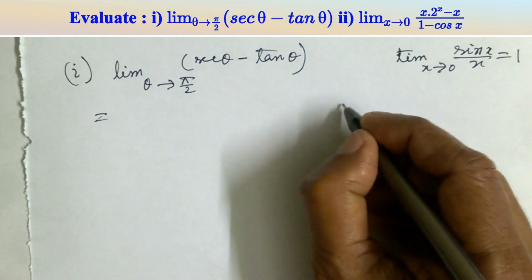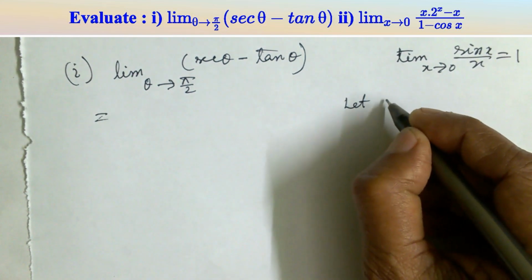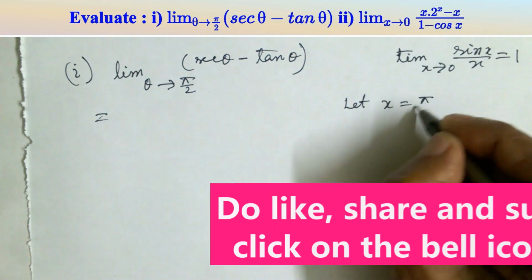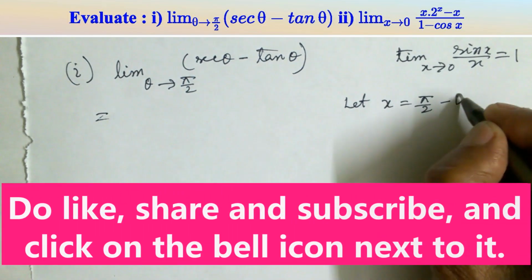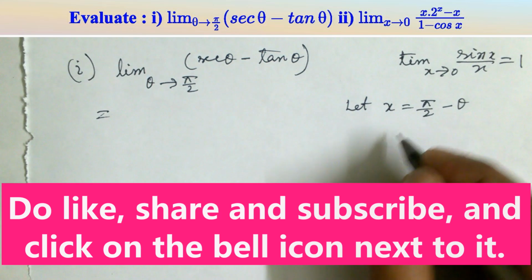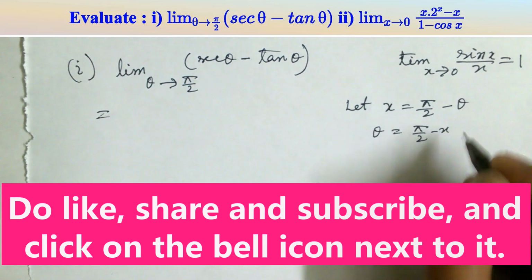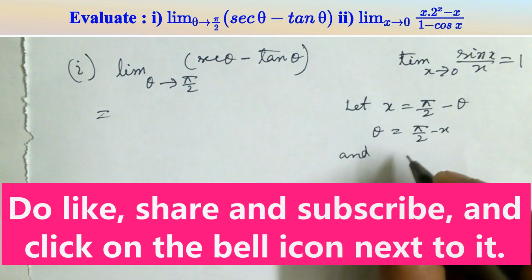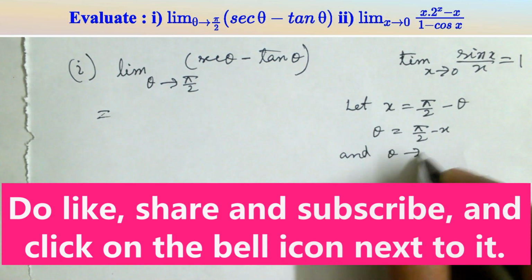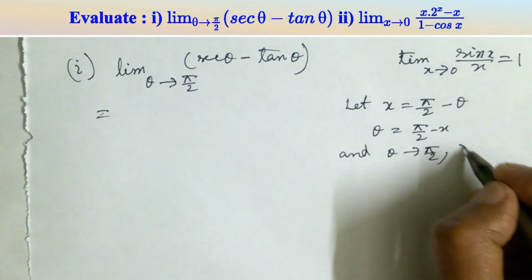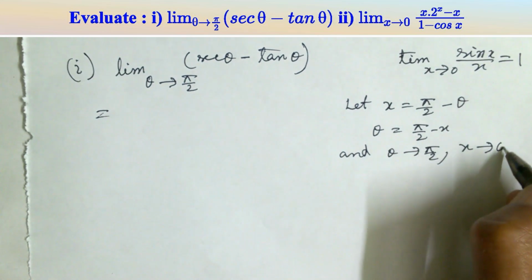Therefore let x is equal to pi by 2 minus theta. So theta is equal to pi by 2 minus x, and theta tends to pi by 2. Put here theta is equal to pi by 2, x tends to 0.